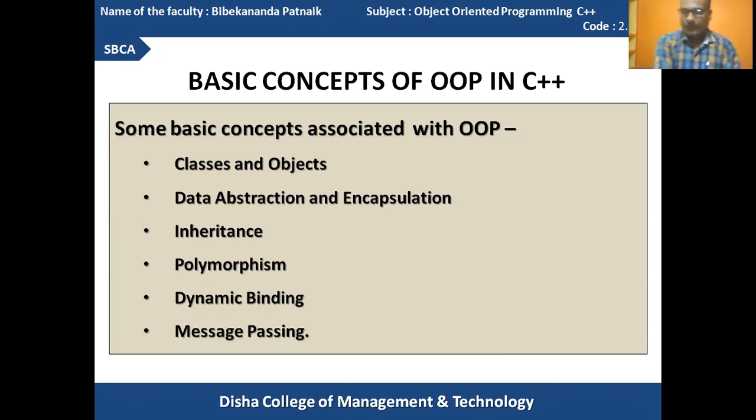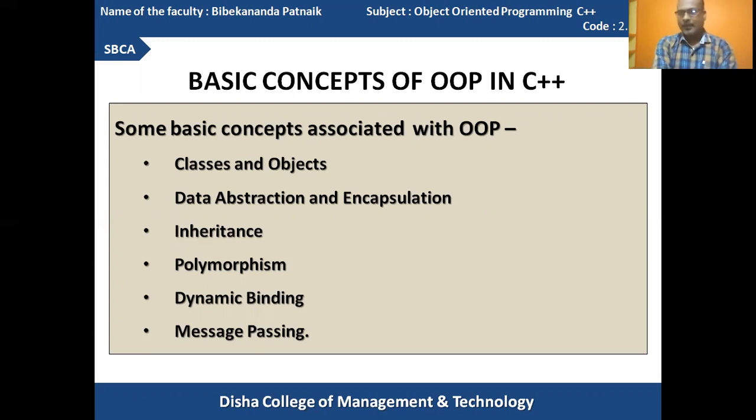So, in this section, we discuss some of the most important object-oriented features, or you can say the characteristics of the code, that is class, object, abstraction, encapsulation, inheritance, polymorphism, dynamic binding, and message passing.